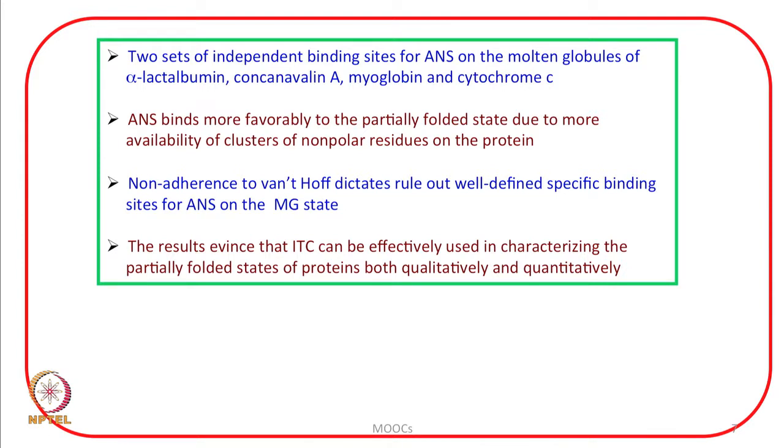If I just take this particular example on binding of ANS with the MG state, what we observed is that the binding is taking place because the isothermal titration calorimetric output profile had a specific binding behavior, and this binding behavior was missing with the denatured state, and the binding was very weak with the native state.